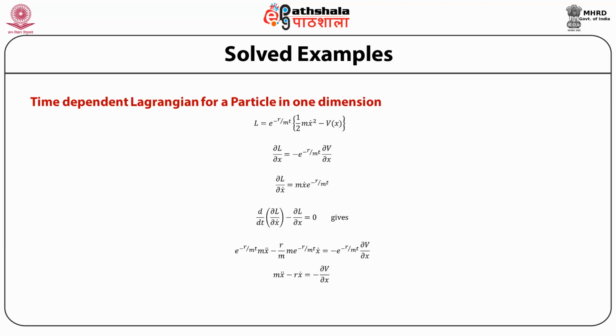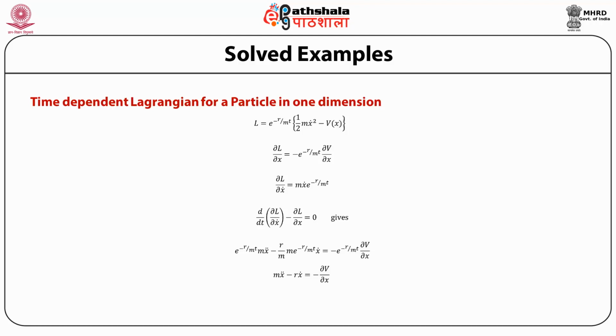Now we see that dL by dx dot depends on time explicitly. So the derivative of dL by dx dot with respect to time gives me exponential of minus gamma by m t m x double dot minus gamma by m into m exponential of minus gamma by m t x dot is equal to minus e to the power minus gamma by m t dV by dx.